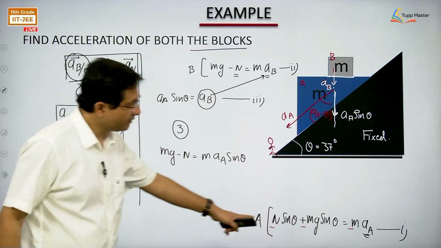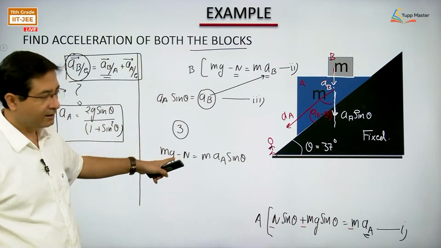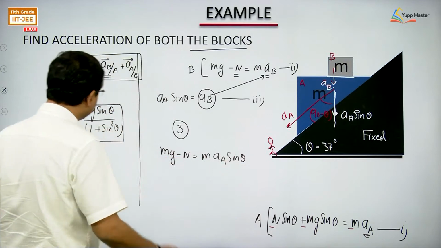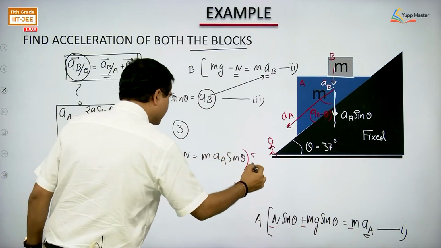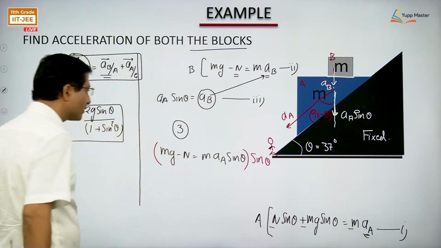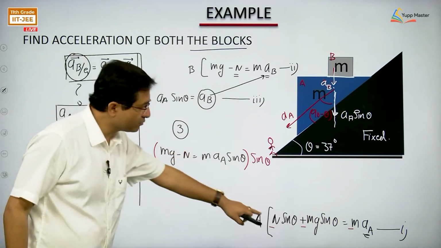And here if I don't want N, I will multiply this equation by sin theta. So this equation I will multiply by sin theta, and I will add these two equations.